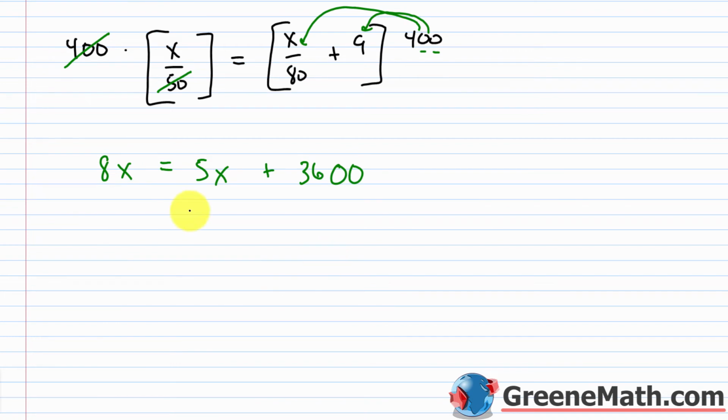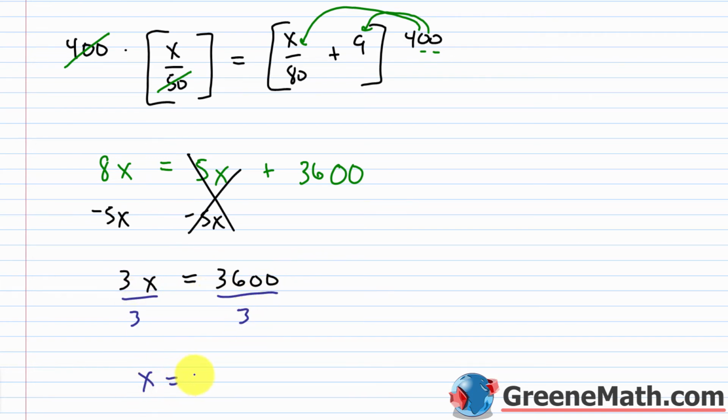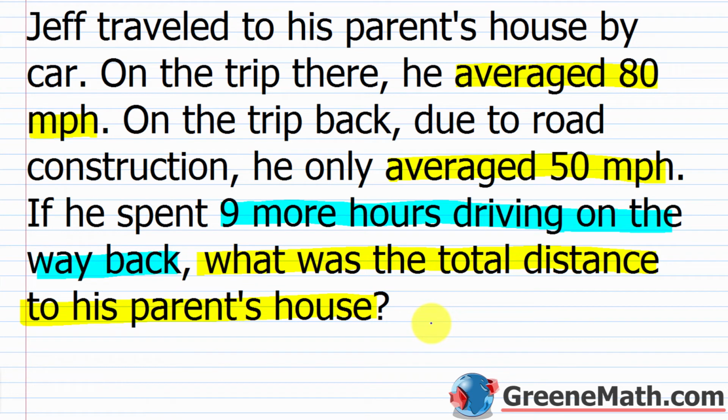All right, so to solve the equation, let's subtract 5x away from each side. So this will cancel. 8x minus 5x is 3x. This is equal to 3,600. We'll now divide both sides of the equation by 3. And we get that x is equal to 1,200. All right, so let's go back up to the top. We said that the total distance to his parents' house was represented with x.